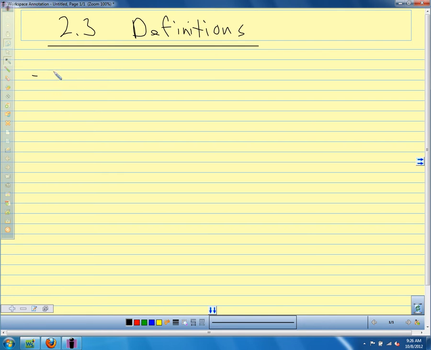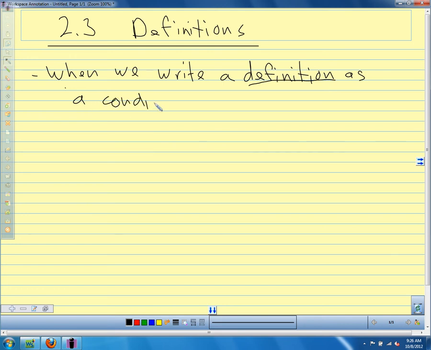So when we write a definition as a conditional, and conditional, remember, means if and then.